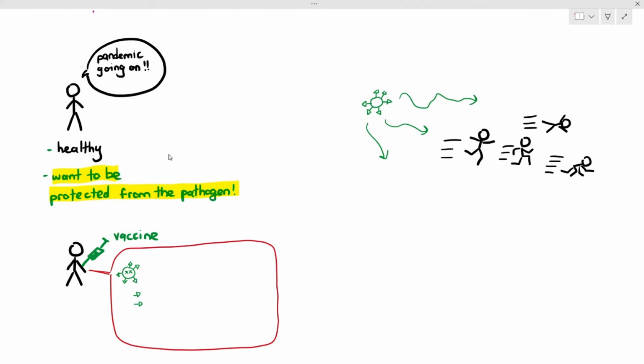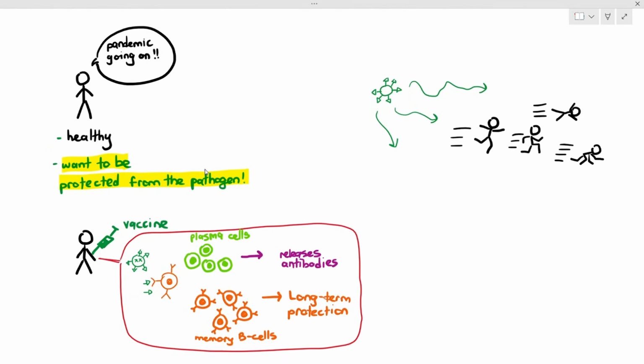So those antigens will then eventually meet up with the specific B lymphocytes. And as you can see there, clonal selection is taking place. Clonal selection will then be followed by clonal expansion. The person produces plasma cells and memory cells, and because of memory cells, the person will now have long-term protection.